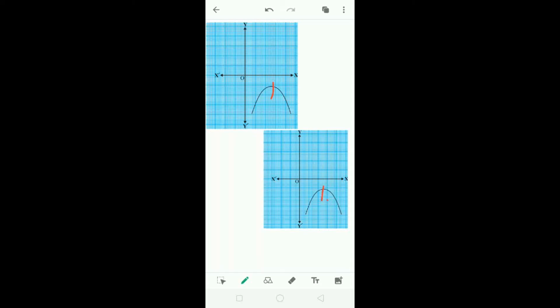If you draw an upward parabola also, any upward parabola, there is no point of intersection with the graph, right? It is drawn below the x-axis or above the x-axis. It is not intersecting, so we cannot say there is a zero of the polynomial. So there are no zeros if the graph is not intersecting the x-axis.